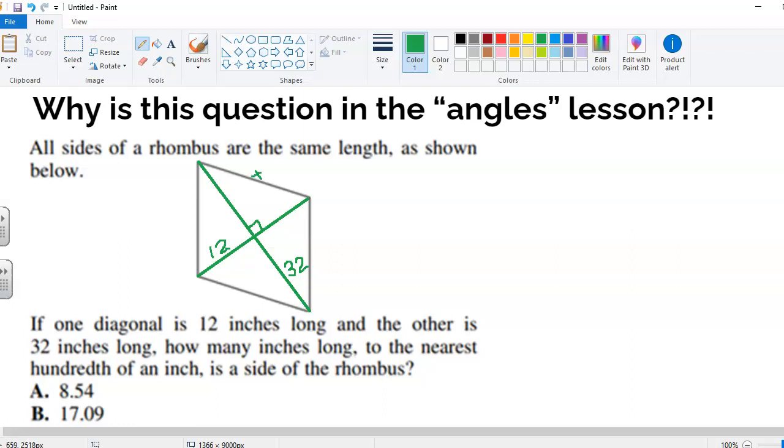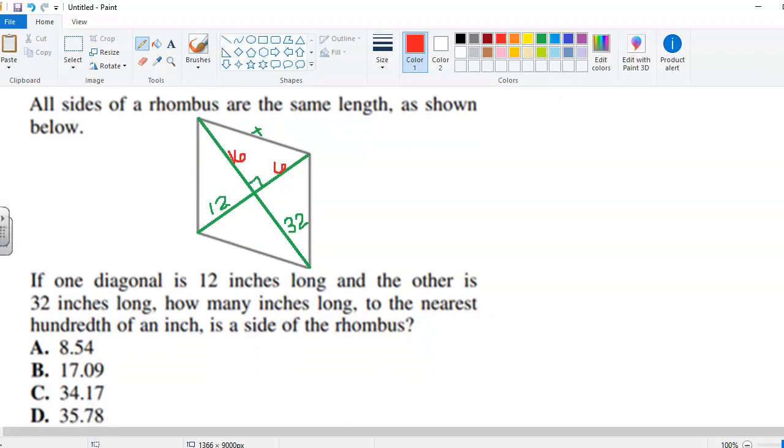And it's really tempting to do 12 squared plus 32 squared equals c squared. But you need to realize that the entire diagonal is 32, and this entire diagonal is 12. So if we're going to make a right triangle out of it, we're going to have to cut that in half. So what we actually need to do is 6 squared plus 16 squared to knock it out.